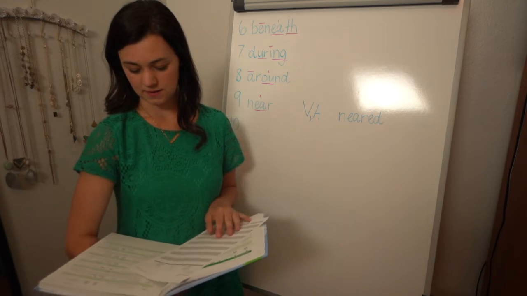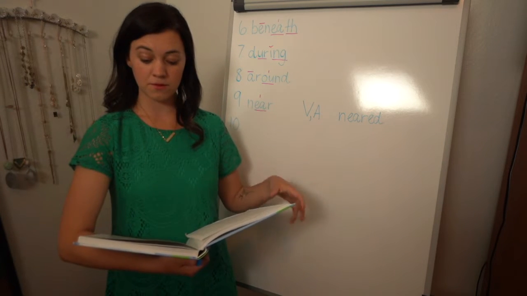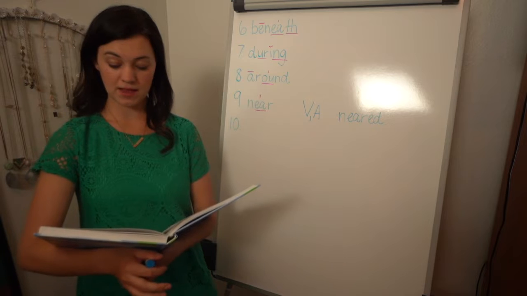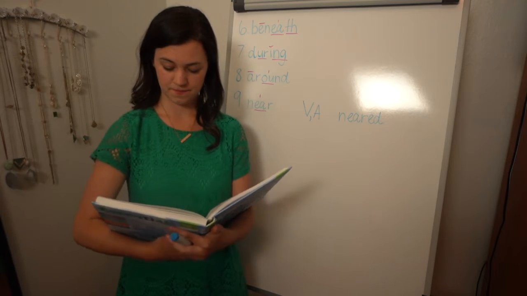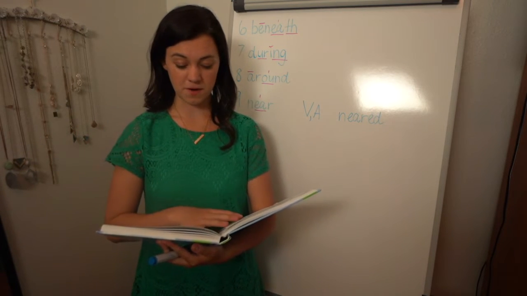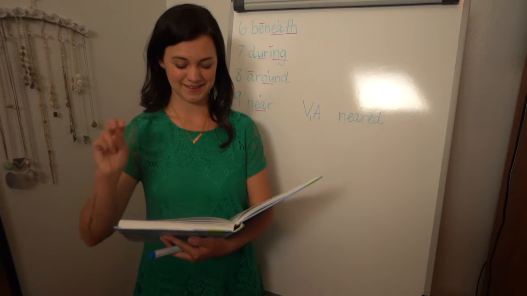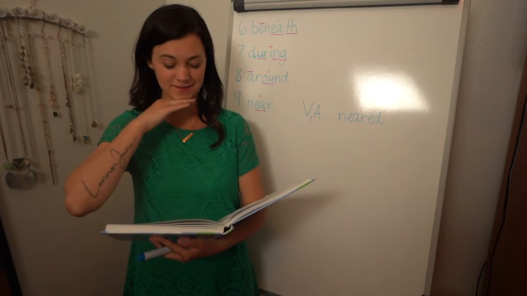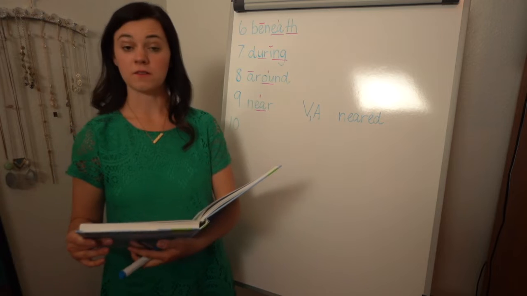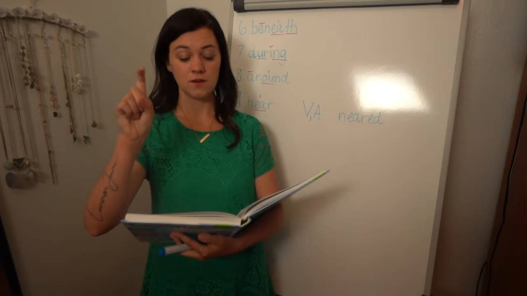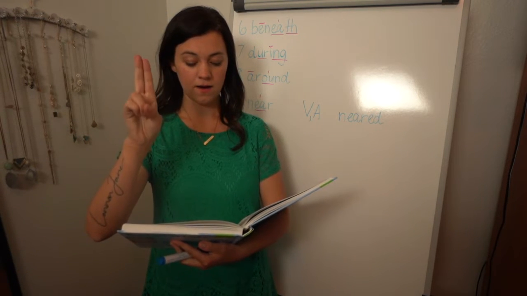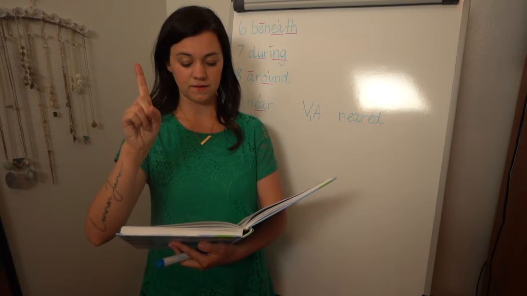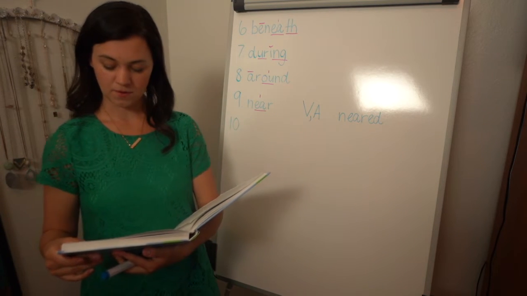All right, number 10. Number 10 is towards. He threw the ball towards home plate. Towards. How many syllables in the word towards? Yes, 2. Towards. I'm going to finger spell it for you. T, U, W, R, D, Z. Go ahead and try to write it.